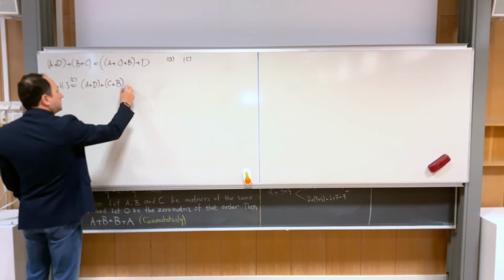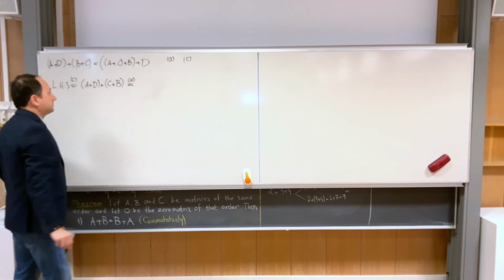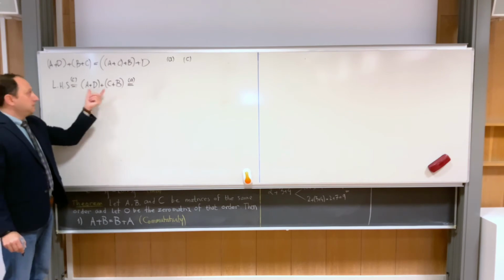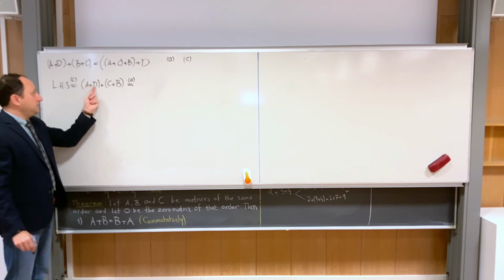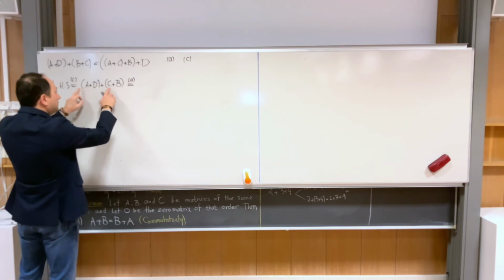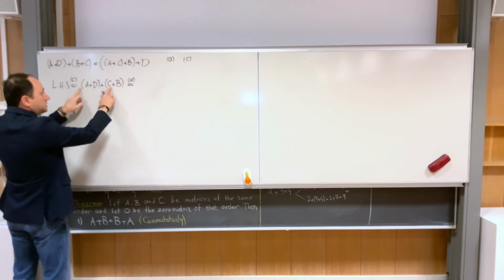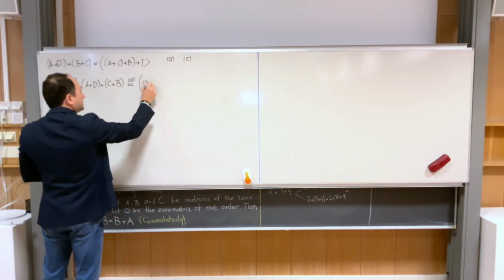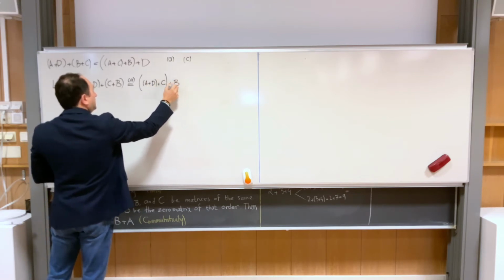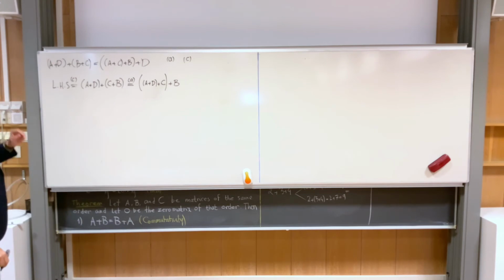Now I use associativity, because now I consider this as one matrix, this as two matrices. Then I have three matrices, A, D, and C plus B, so I remove this pair of brackets and put them around these two. Yes, so this becomes (A plus D) plus C, and then B is left alone.